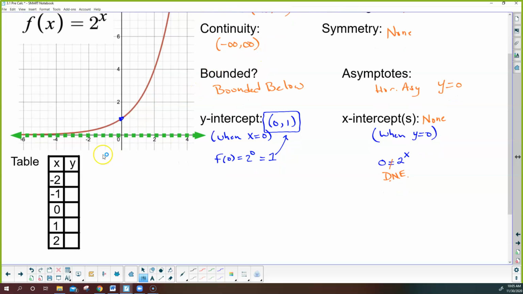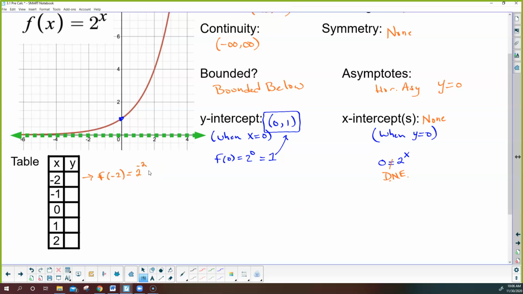Now here's the important part I want to show you, and it's up to you if you want to write the table or not. But without a calculator, could we get a graph of this if I knew the function? Well, yeah, we just make a table. Pick negatives, pick 0, pick some positives. So what happens then when I plug in -2 for x? We get f of -2.